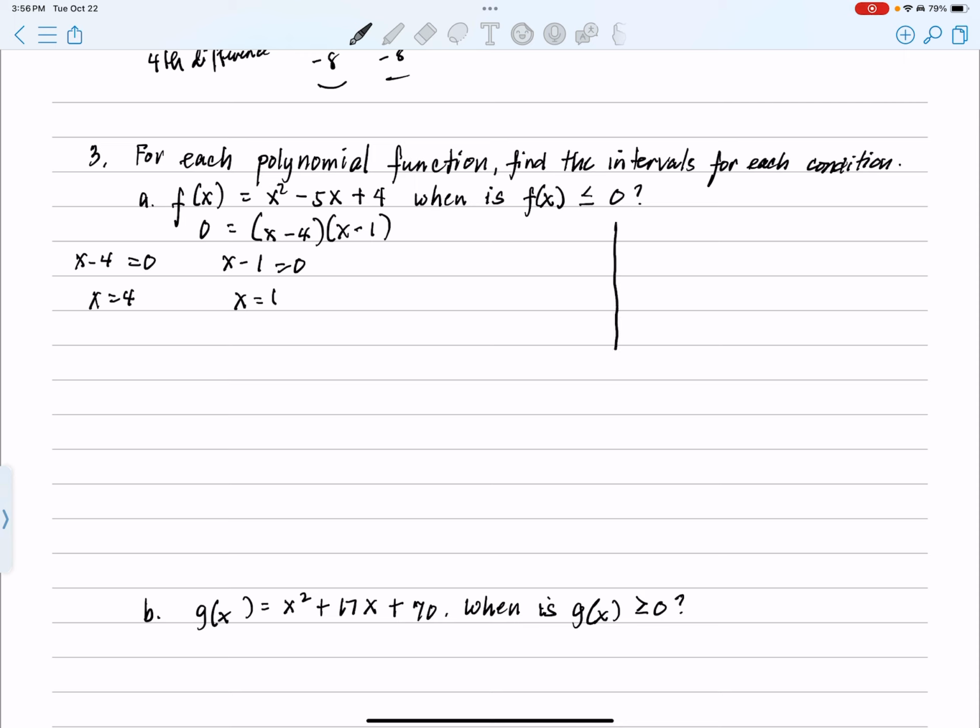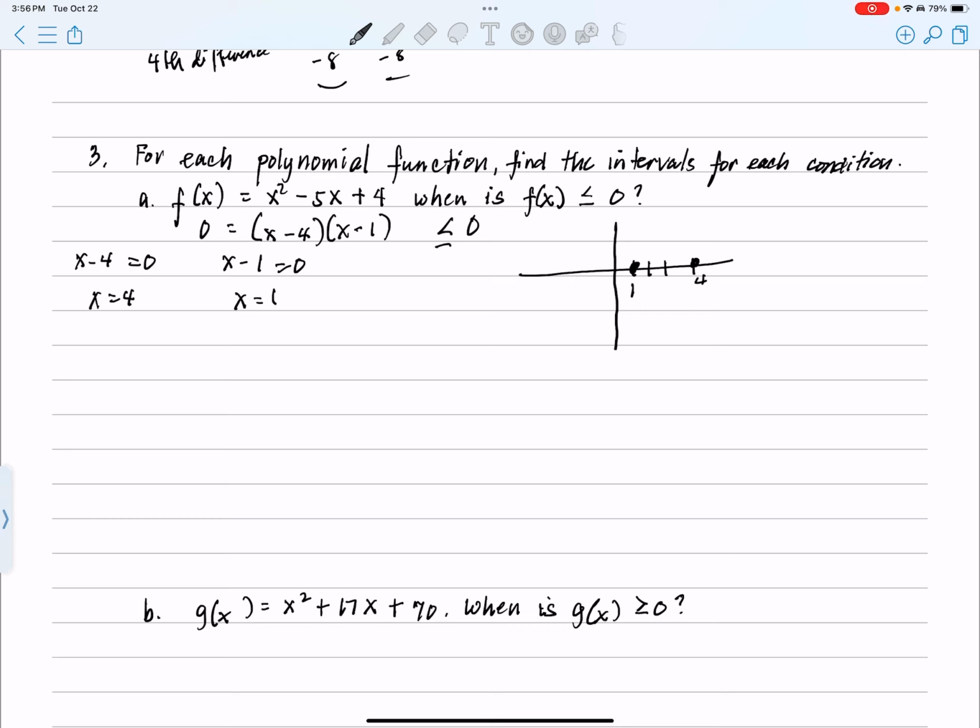Okay. If we try to look at this in a graph, I usually want to visualize something in a graph. 2, 3, 4. This is 4. This is 1. So this is where our roots are, the x-intercepts, where the function should be less than or equal to 0.